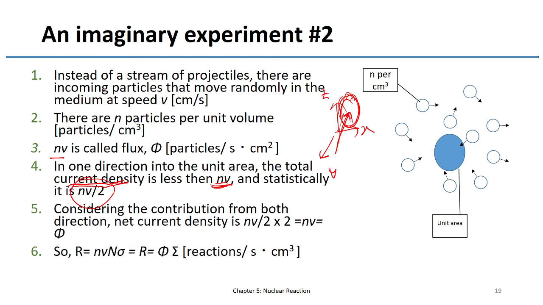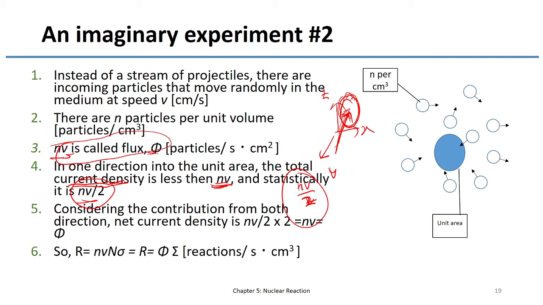On average, if you have nv flux, then in this one direction the current density will be nv over 2, half of the total flux. This is concluded in statistical physics, so we will not discuss that here. We use the finding from statistical physics.